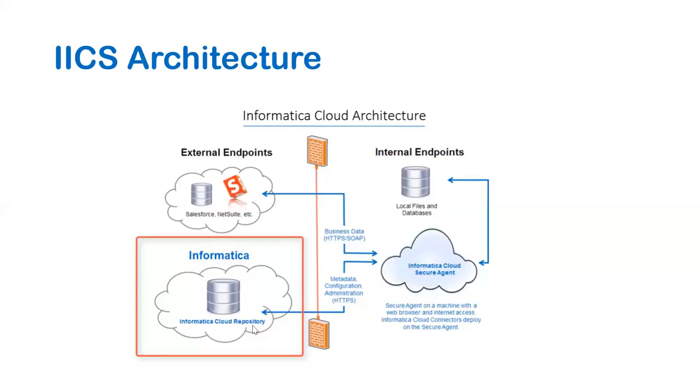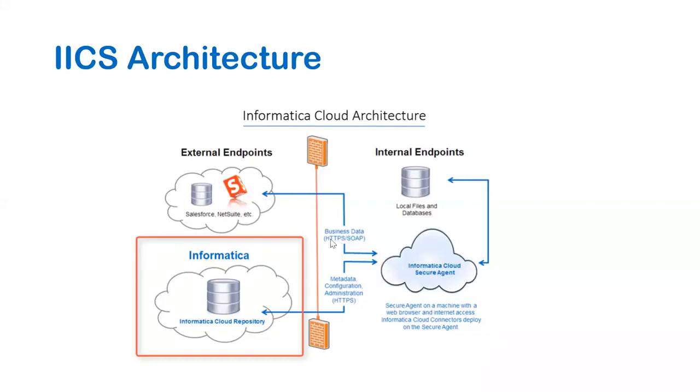When it has to execute, the schedule information, when it has been executed, who is the owner, and everything will be there in the Informatica cloud repository. So we have to establish a connection between the external endpoints and internal endpoints securely. That's what the Informatica cloud secured agent will maintain.